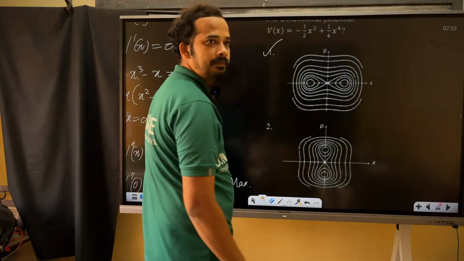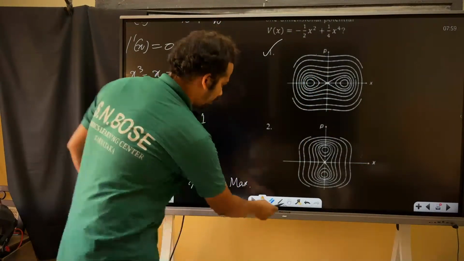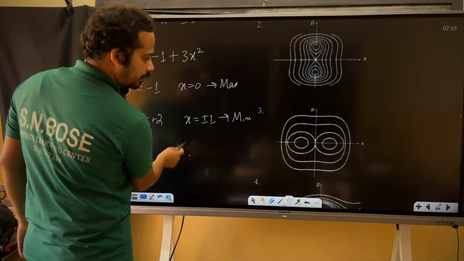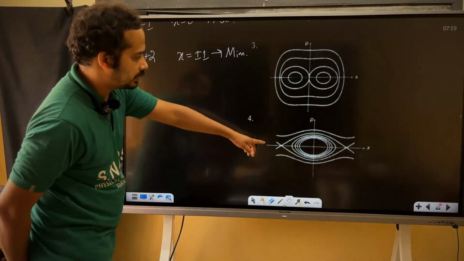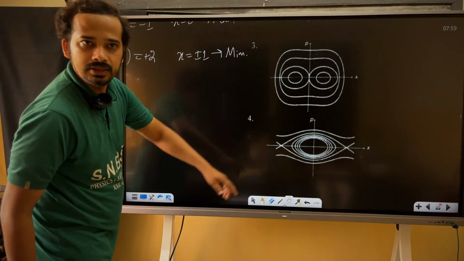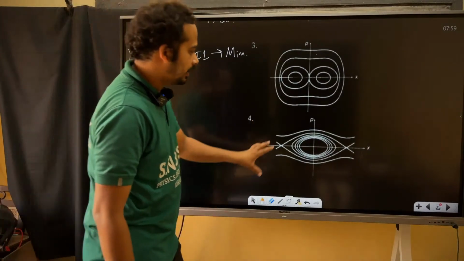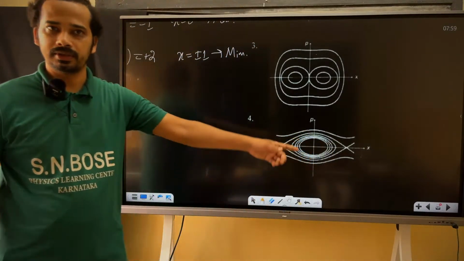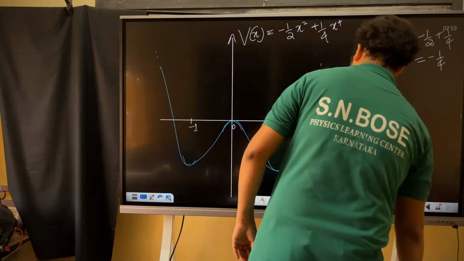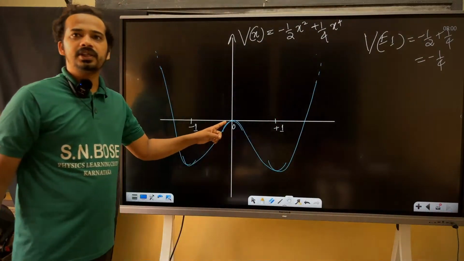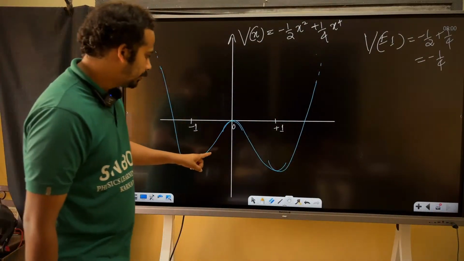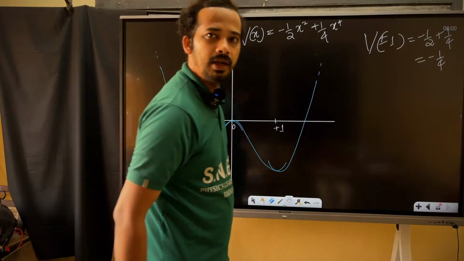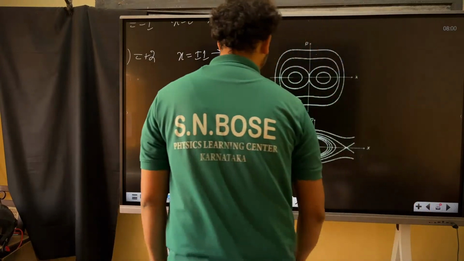All options have a closed trajectory, but this one has some unbound trajectory, so you can eliminate it, and it won't shrink at x equal to 0. x equal to 0 is an unstable equilibrium. At the potential minimum, the phase space trajectory is going to shrink.